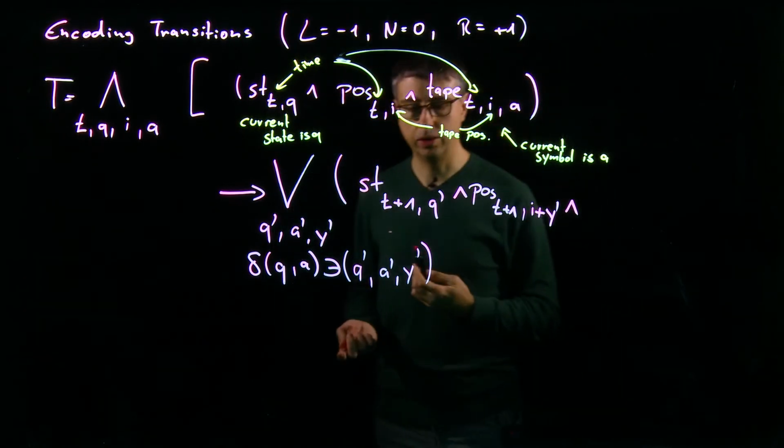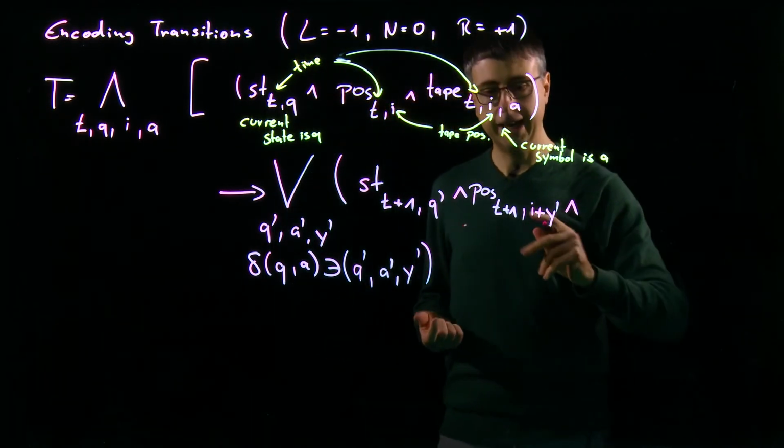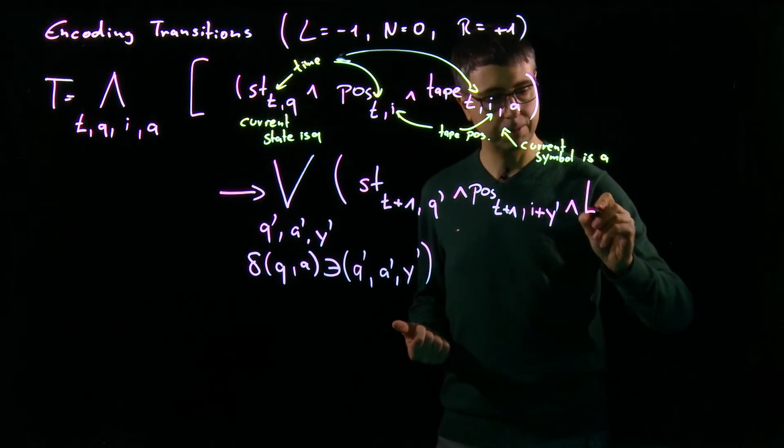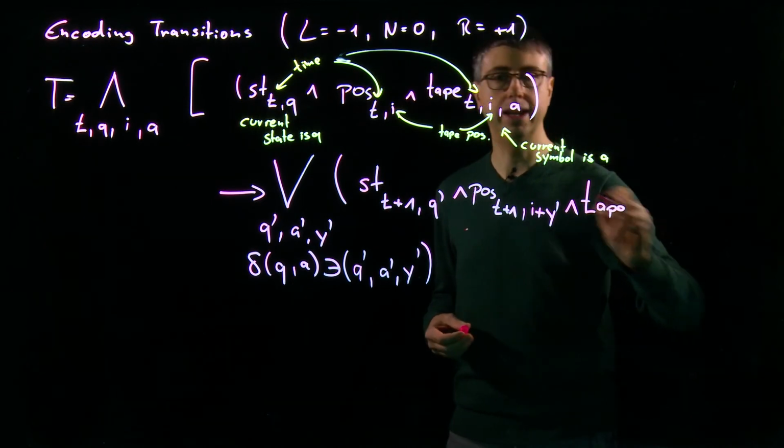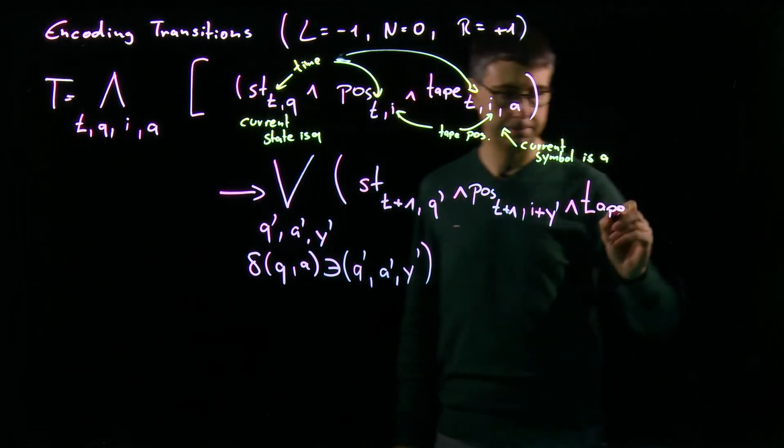And now we have to encode how the tape is changed. The tape is changed because we replace the letter A by A prime.